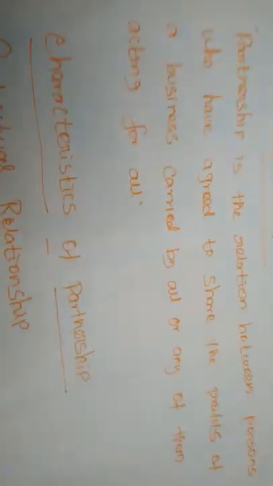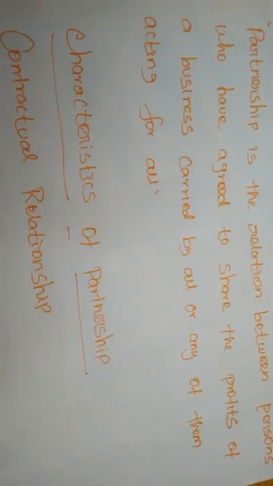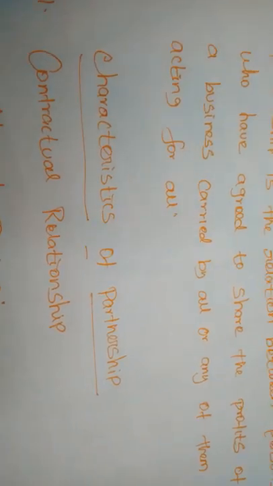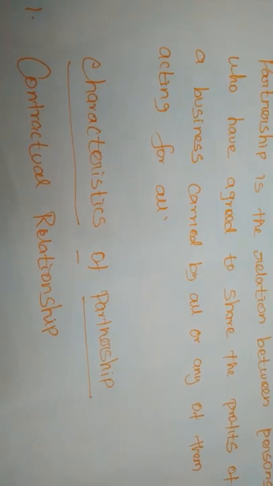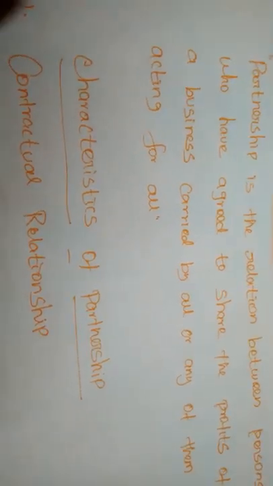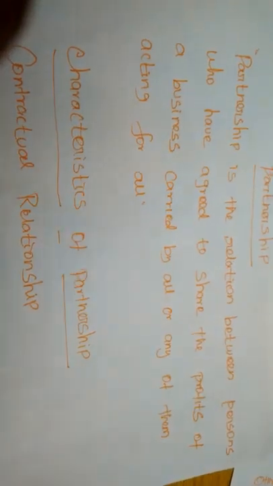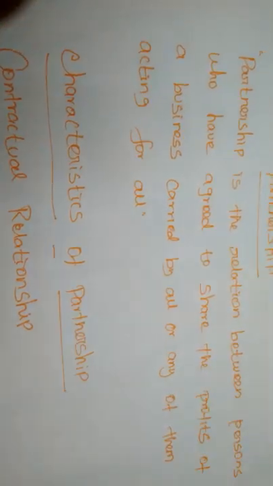If one person joins other persons and all agree to share the profits and work together, the business is carried on by all or any of them acting for all.